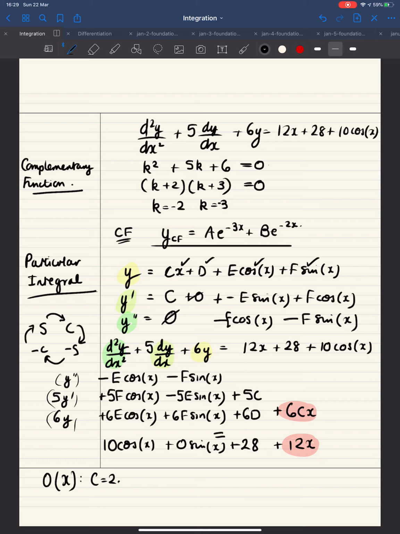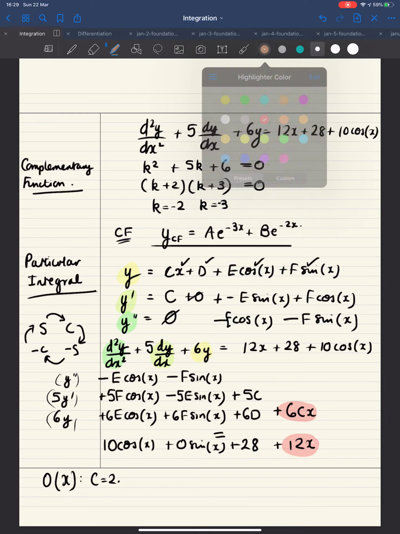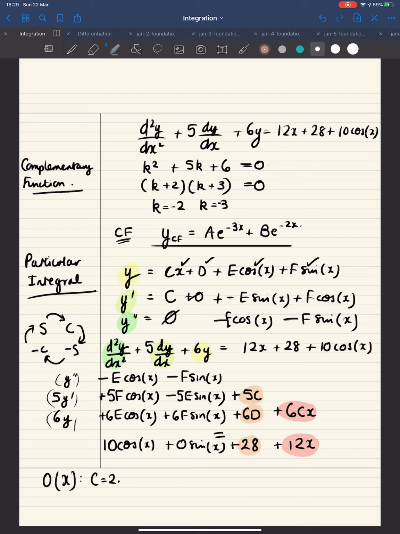And then we can move on to the next one along. Let's go for this one. C is 2, so that's 10. 10 plus 6d is 28, so therefore d is 3, because 10 plus 6 times 3 is 28.